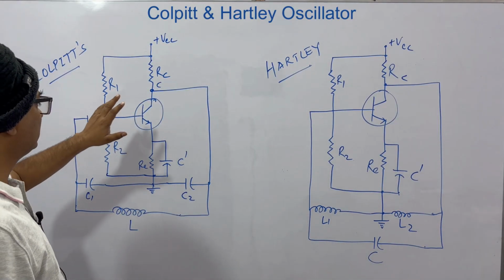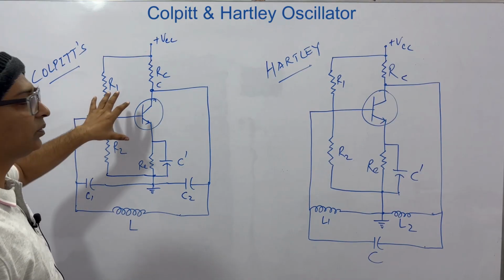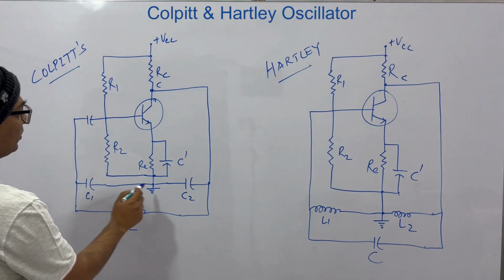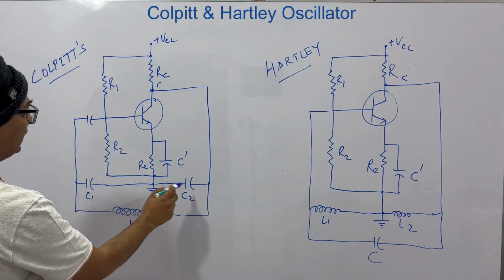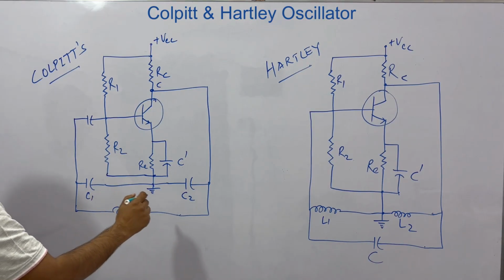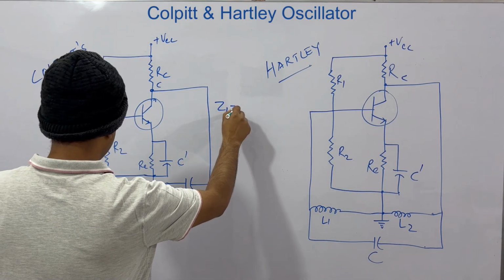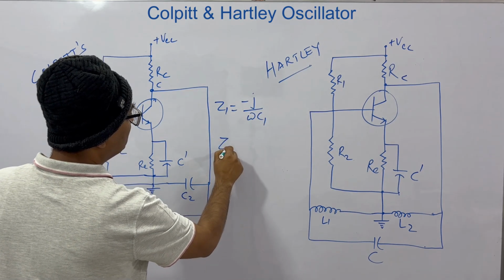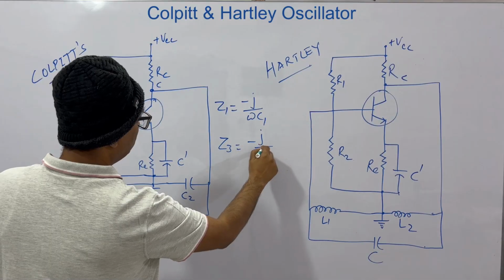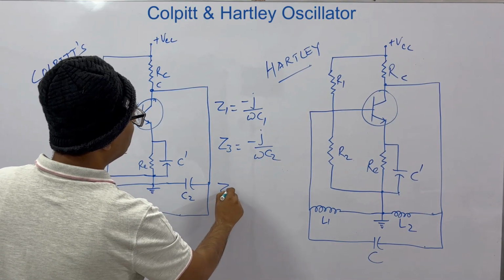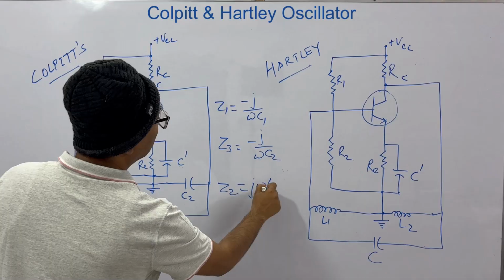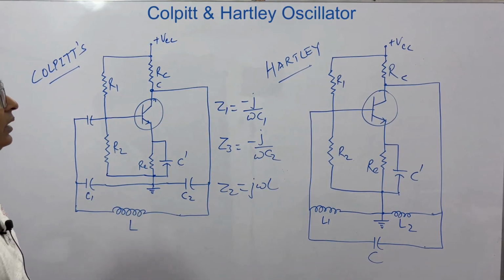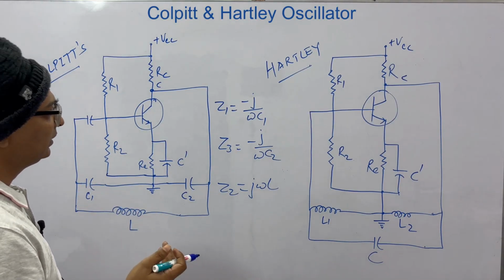This is the collector resistance, this is RE, this is R1, R2, all for biasing. This you know. Okay. In the Colpitts oscillator, you have two capacitors here, C1 and C2, and this. So this is Z1, Z3. So here what you can write is your Z1 is minus j by omega C1, your Z3 is minus j by omega C2, and your Z2 is j omega L. So in the expressions you can put these values and you will get everything, A, beta, AV and all.